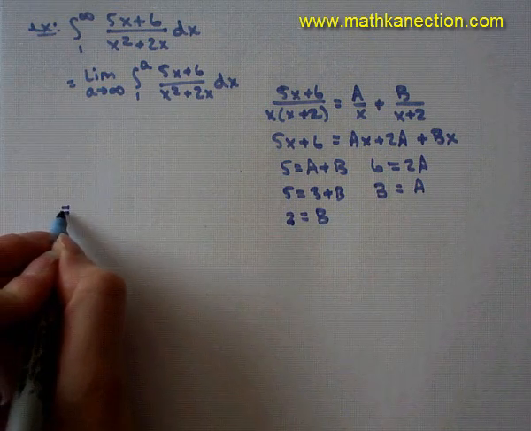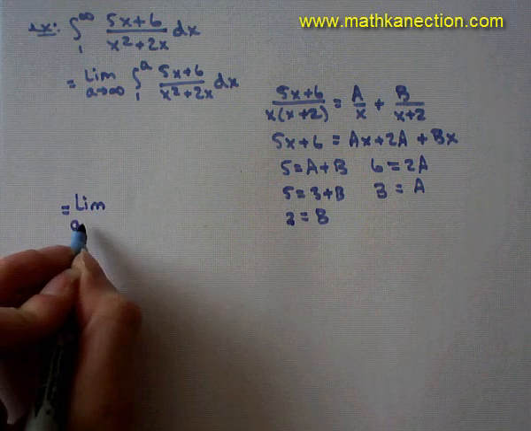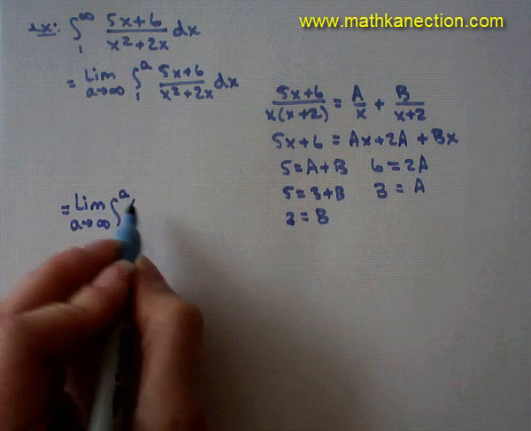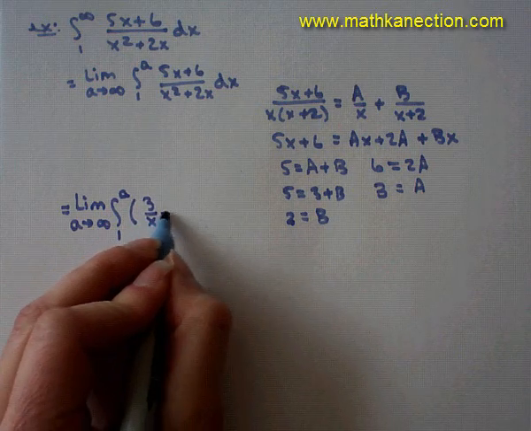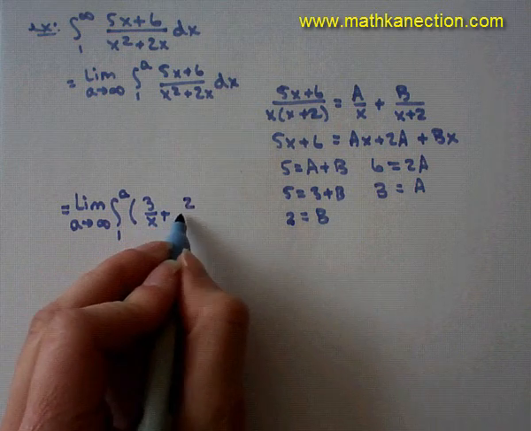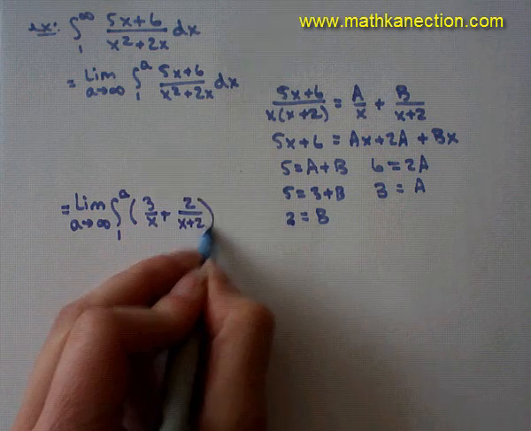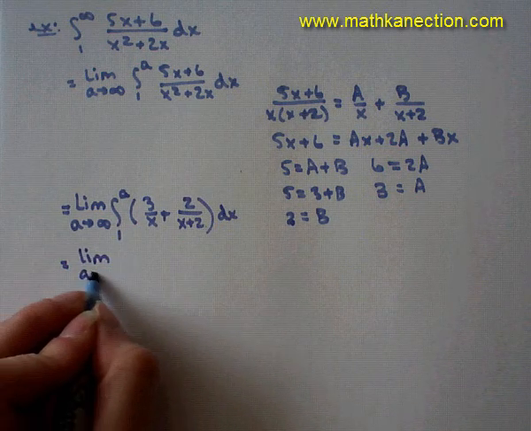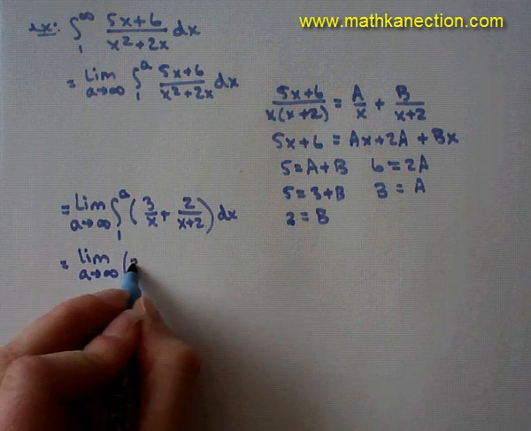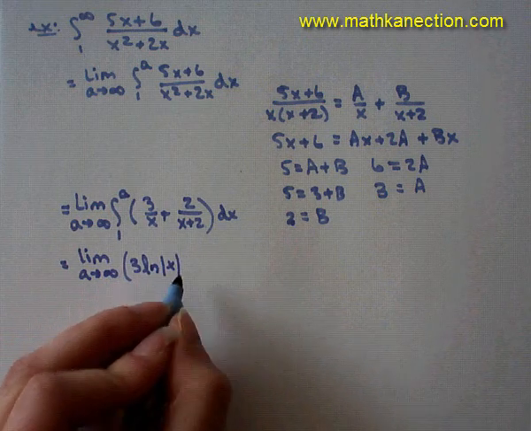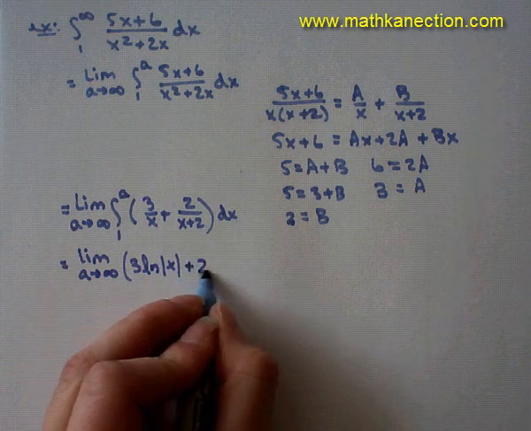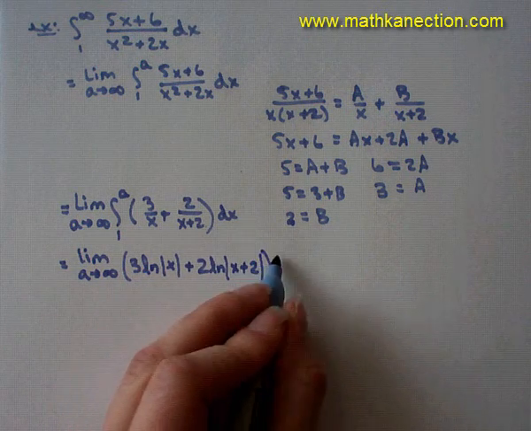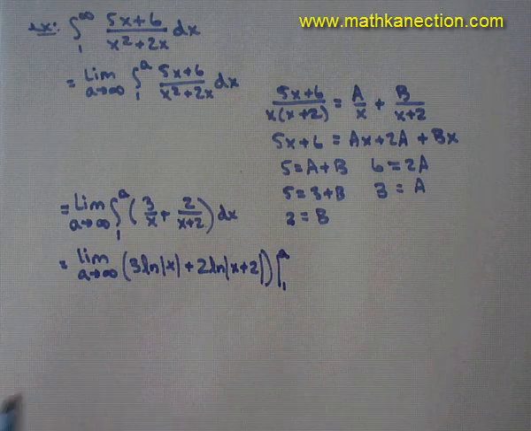So we have the limit as a approaches infinity of the integral from 1 to a of the function 3 over x plus 2 over x plus 2 dx. And then anti-deriving, we'll get the limit as a approaches infinity of 3 times the natural log of the absolute value of x, plus 2 times the natural log of the absolute value of x plus 2, from the value of 1 to a.